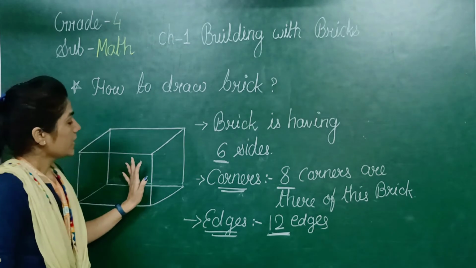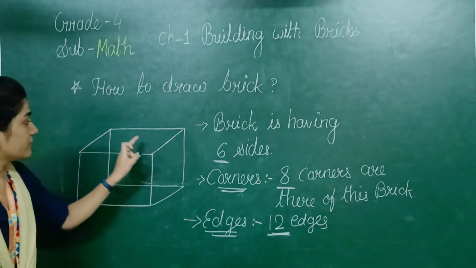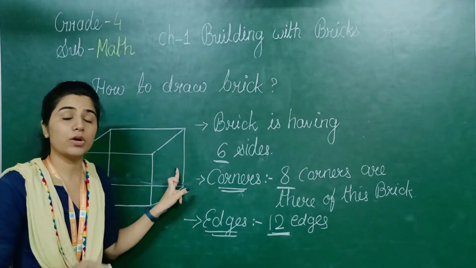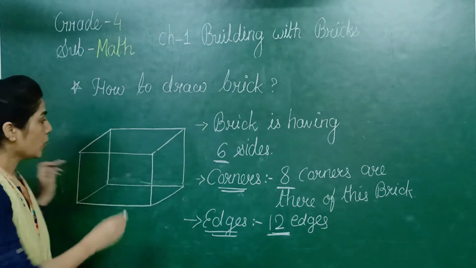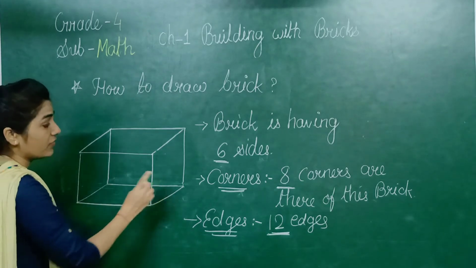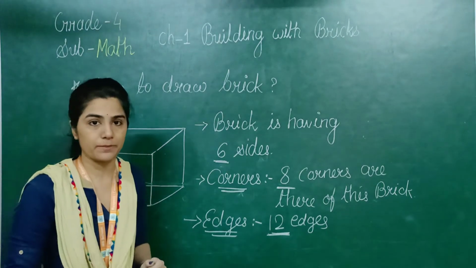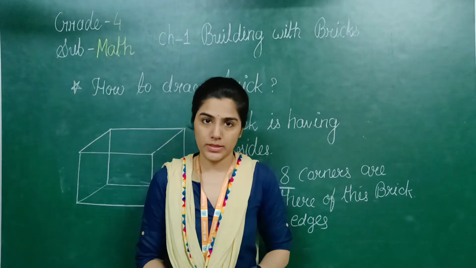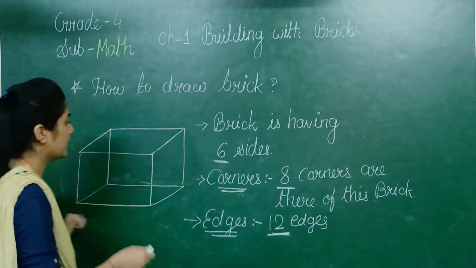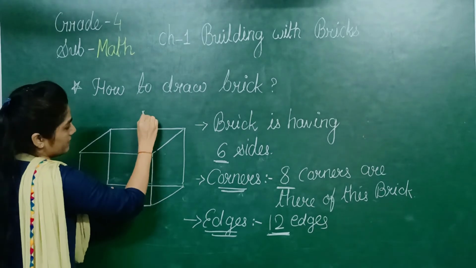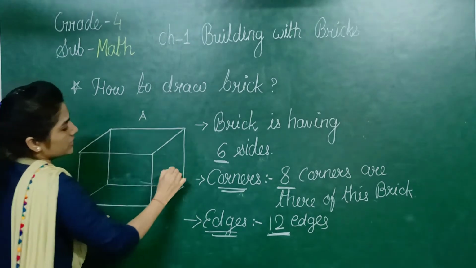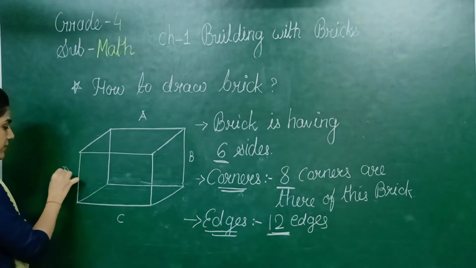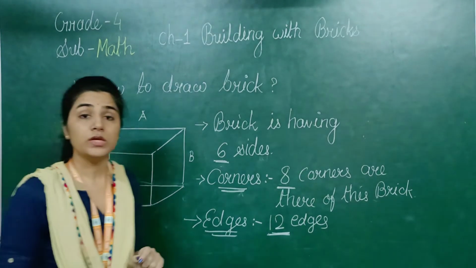You can see what kind of shapes there are on each side, or we can say each face. All the sides are of rectangle shape. This kind of question will be there in your workbook exercise. Suppose I am writing here A. This side is A. This side is B. This side is C. And this side is D. Suppose I have given the names.